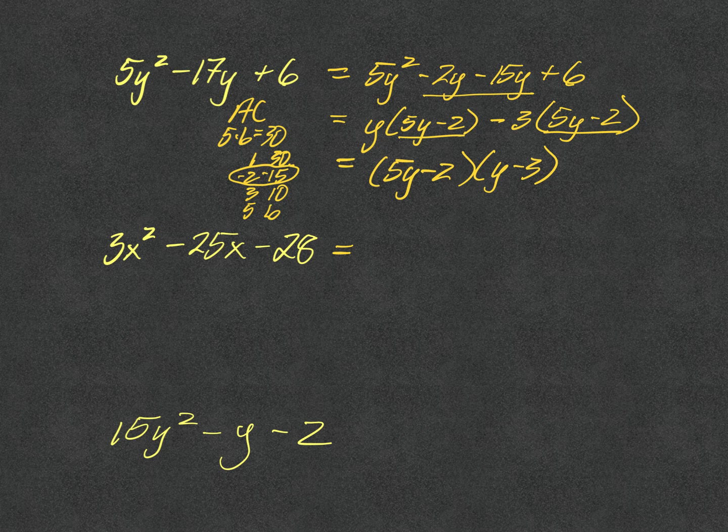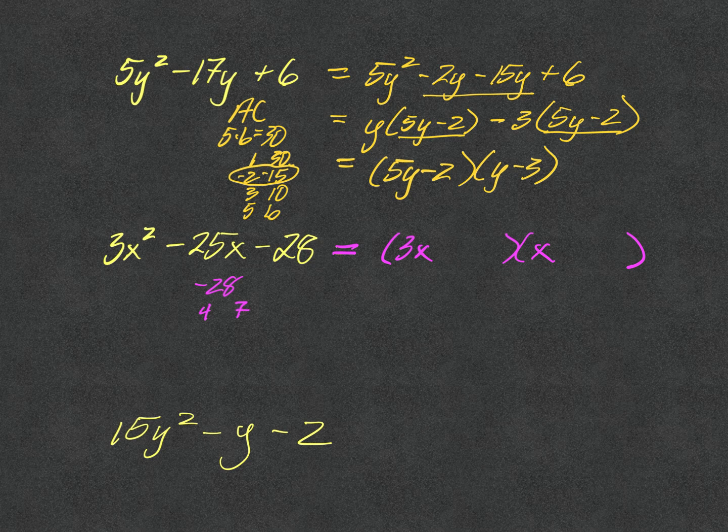All right. Now, next problem I'm going to do by just my guess and check method. All right. And so just so you can see it. So 3x times x. All right. And for my work, I have negative 28 that I have to break down.